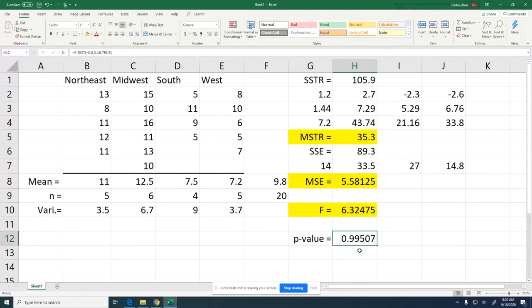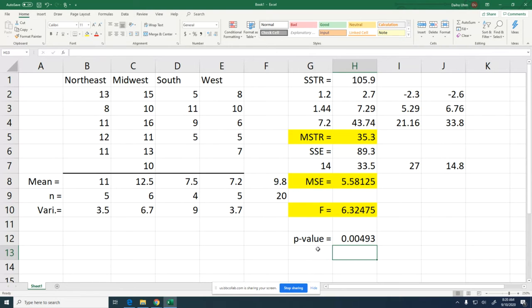That is the left tail. Then let me go up here. I have to do 1 minus. Can you see the small letters up there? I plug in 1 minus the function to get the right tail probability, because the right tail is the p-value. So now the p-value is 0.0049.